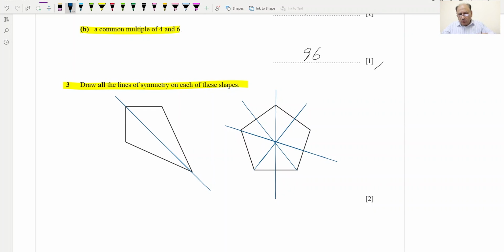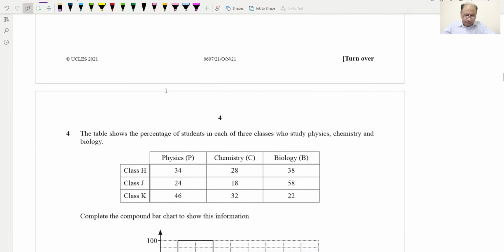There will be one more, the fifth line of symmetry, which will be this. So if we count 1, 2, 3, 4, and this is the fifth, there are 5 lines of symmetry. For the kite it is one line of symmetry which we have drawn.